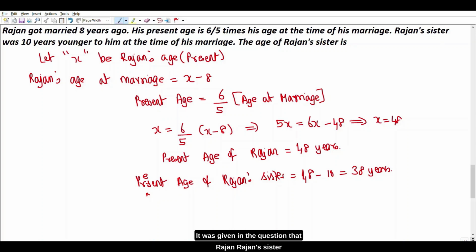It was given that Rajan's sister was 10 years younger than him during his marriage. If her sister was 10 years younger to him at the time of marriage, till death, his sister will always be 10 years younger than her brother. By using this relative concept, we found that present age of Rajan's sister is equal to 48 minus 10, that is 38 years. Let us solve one more question.